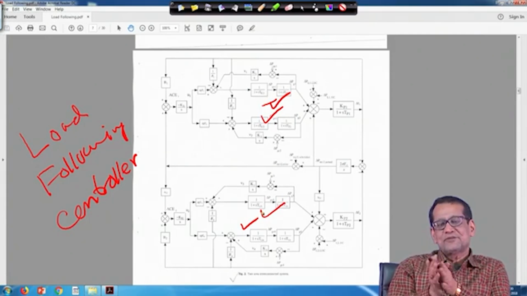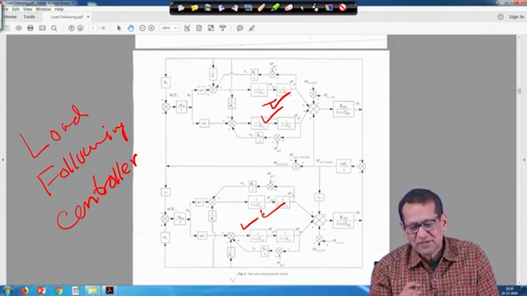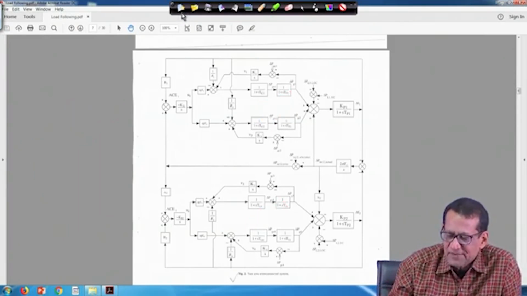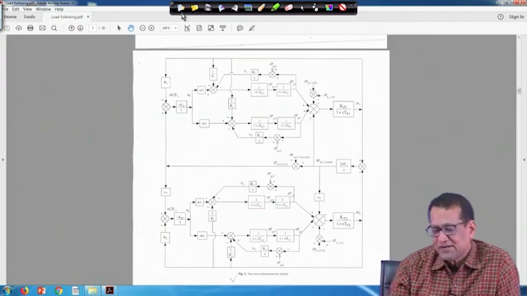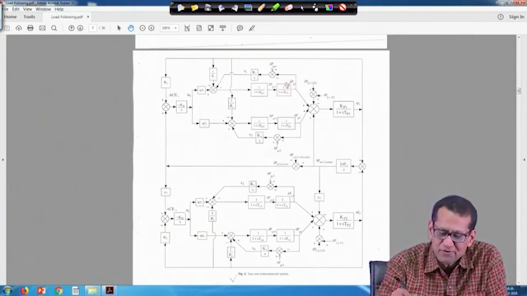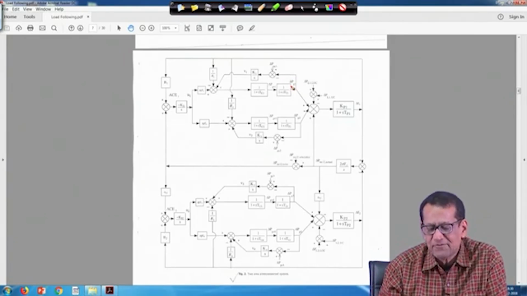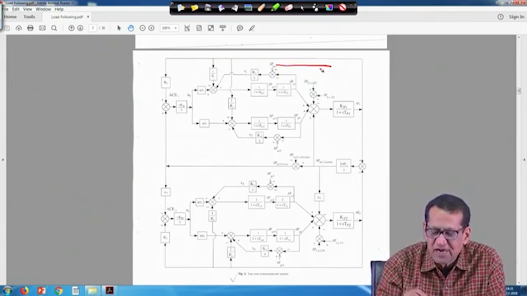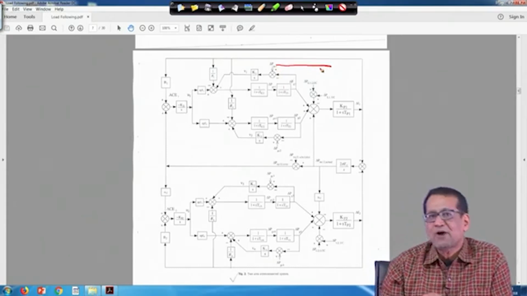Here that is not shown because that is understandable. But the question is, in this case, suppose for the sake of understanding that each unit must have one load following controller. So, this delta PGC1 is nothing but the contracted power demand.